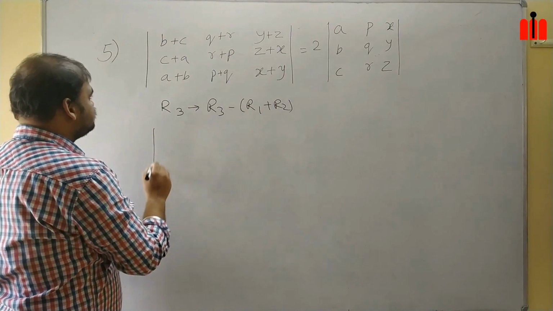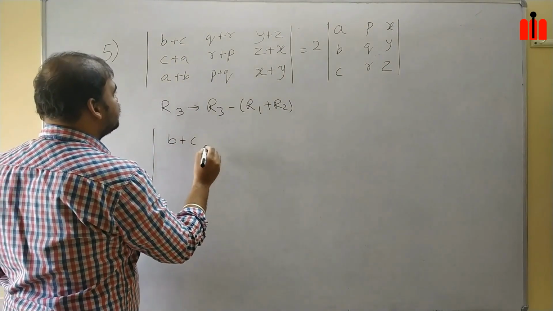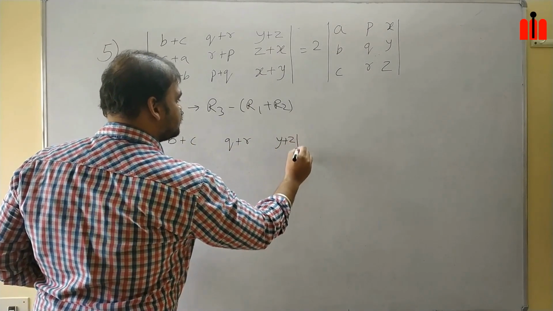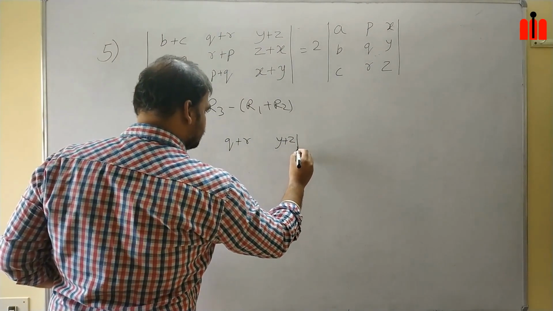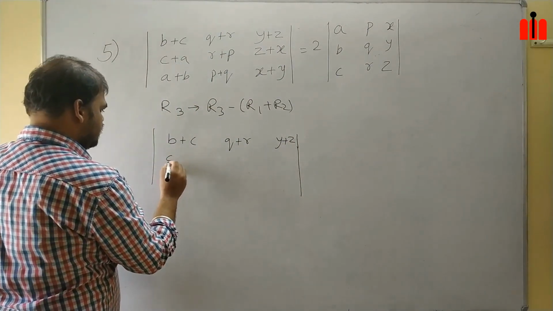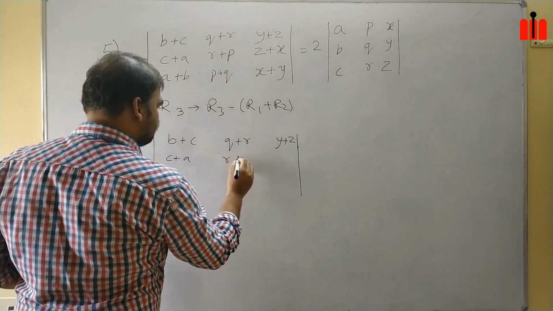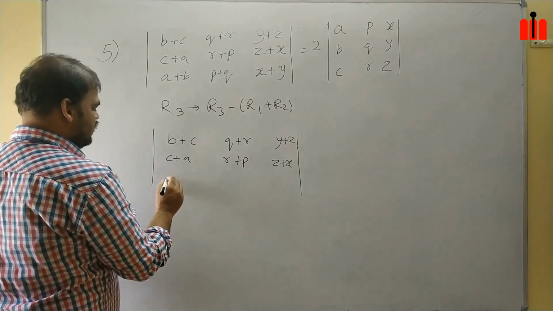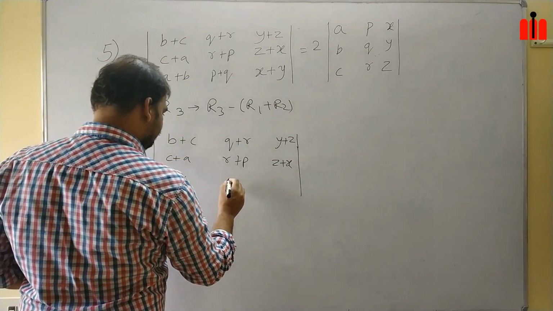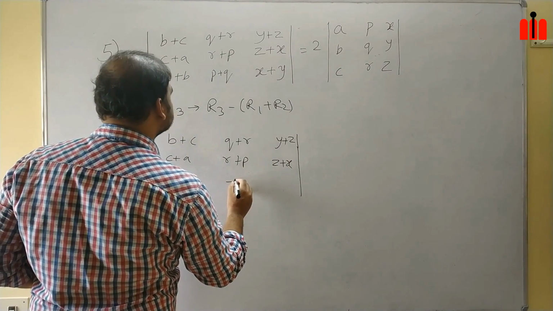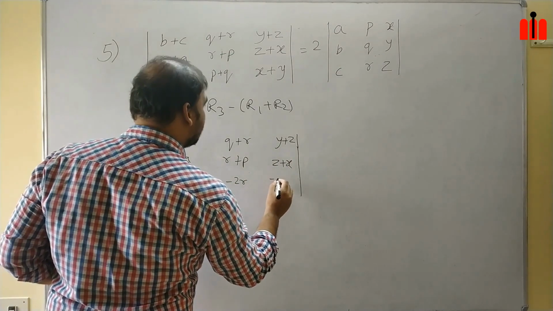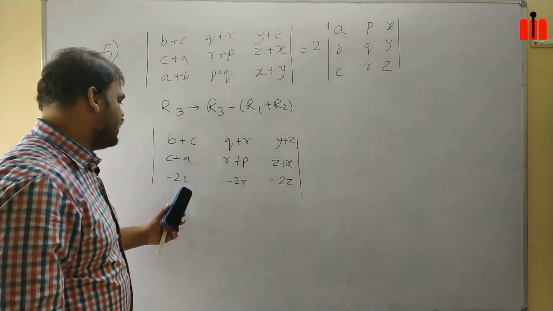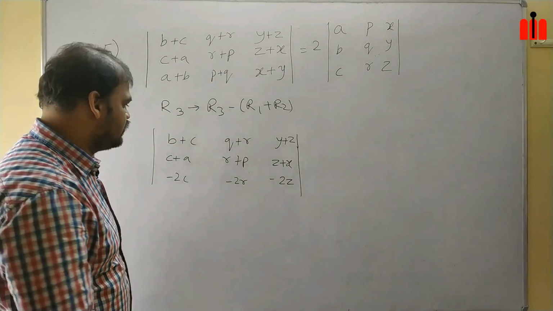So we will get B plus C, Q plus R, Y plus Z, C plus A, R plus P, Z plus X, and here it will be minus 2C, minus 2R, minus 2Z.